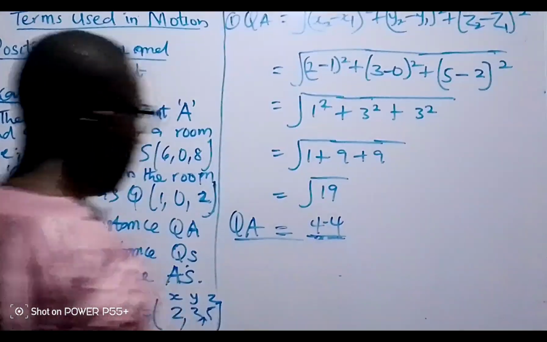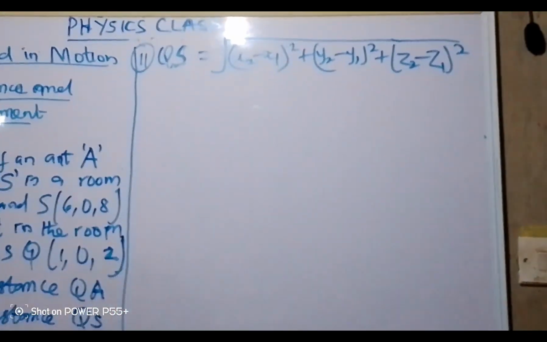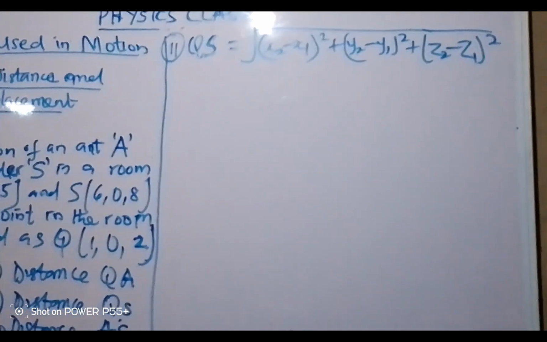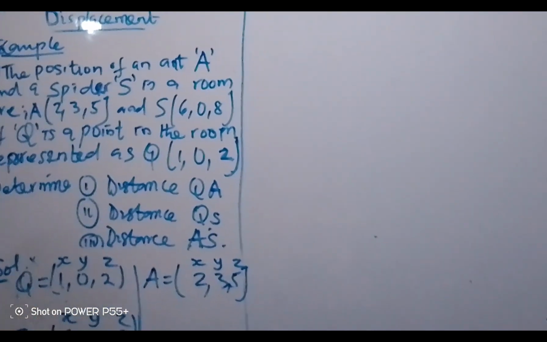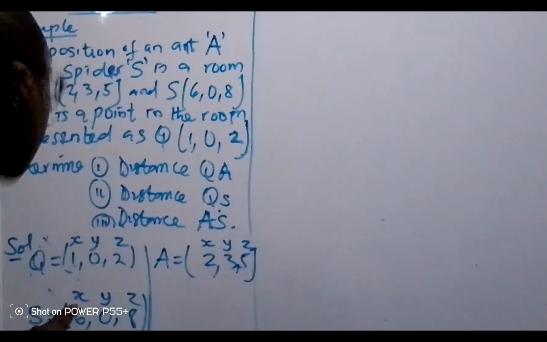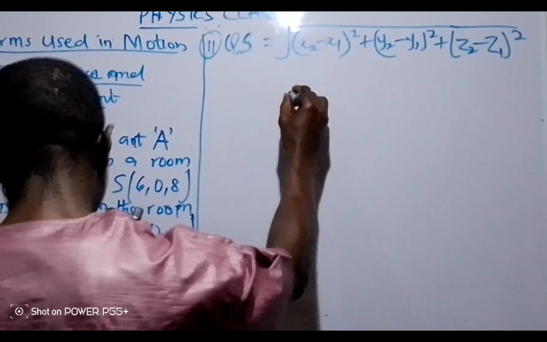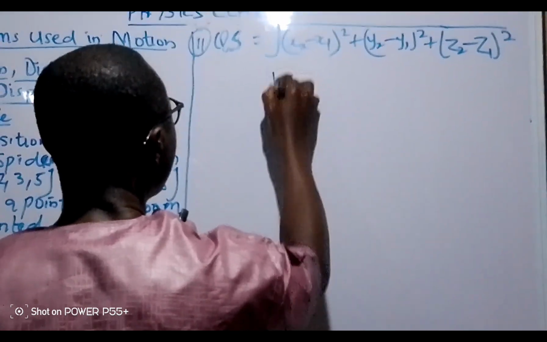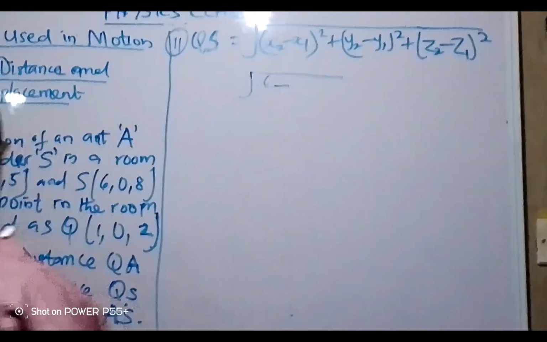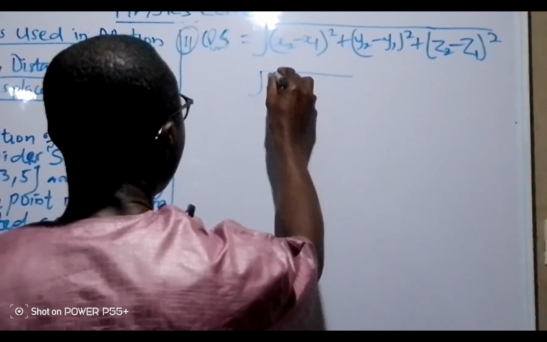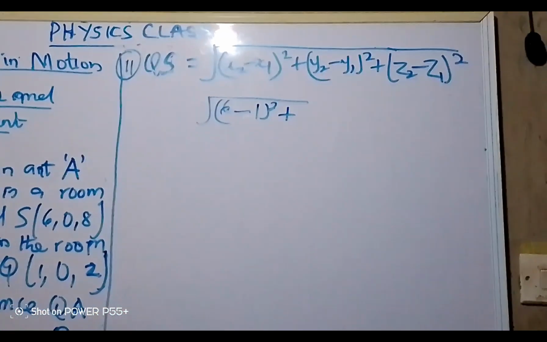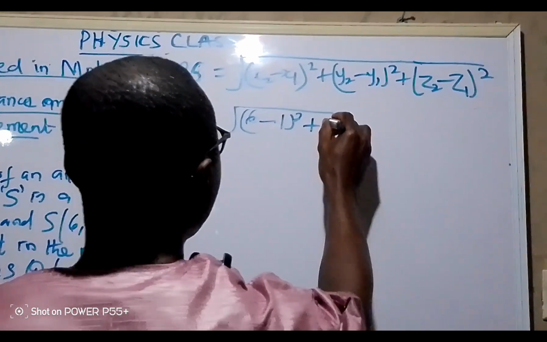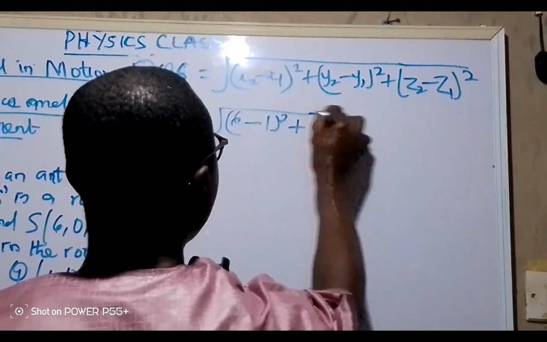For Q and S, the formula remains the same, but the only difference is the figures. Now let's take Q and S. This is Q, this is S. So if we take this one as x2, that would be 6 minus 1, all into square, plus for y, 0 minus 0, all into square.